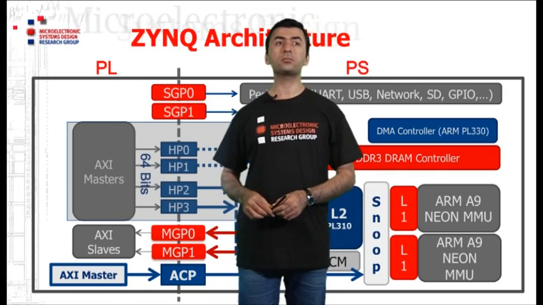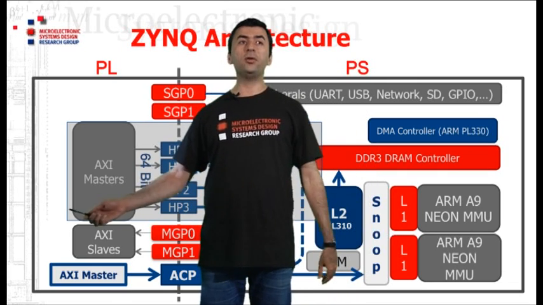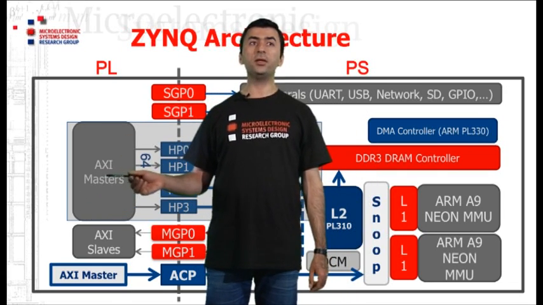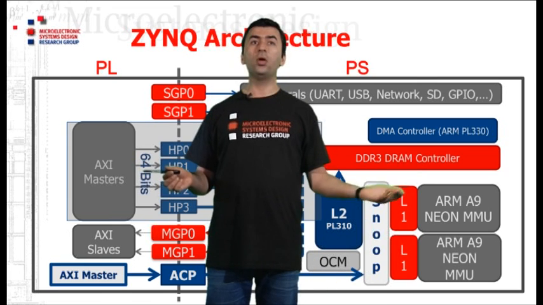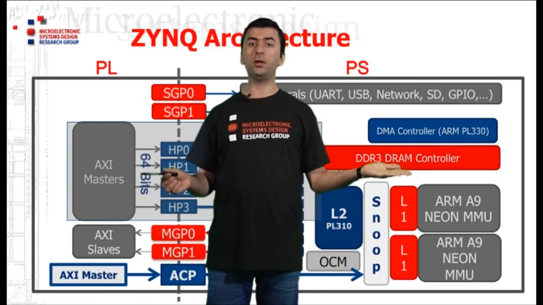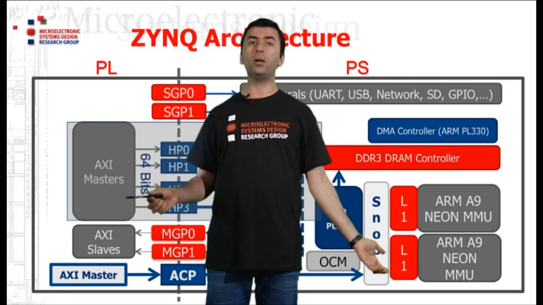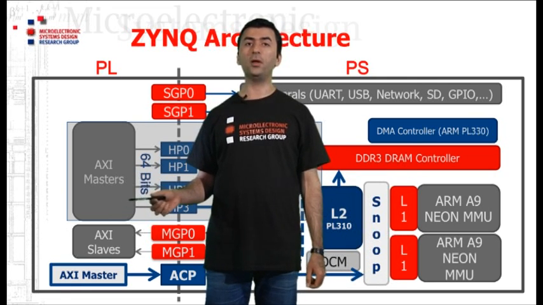So the logic that you have here can initiate read and write transactions to the DRAM memory that you have here, or to the OCM, the on-chip memory that you have here.